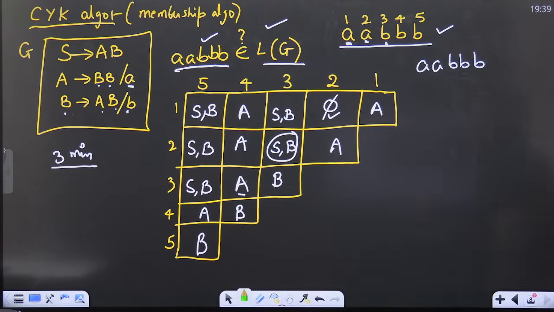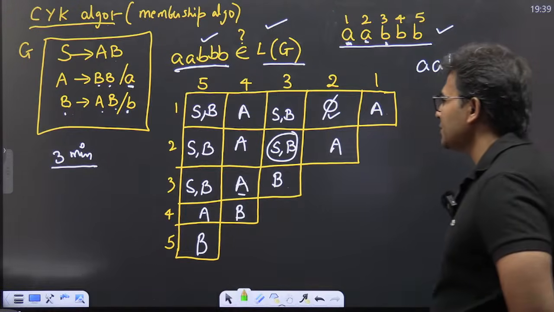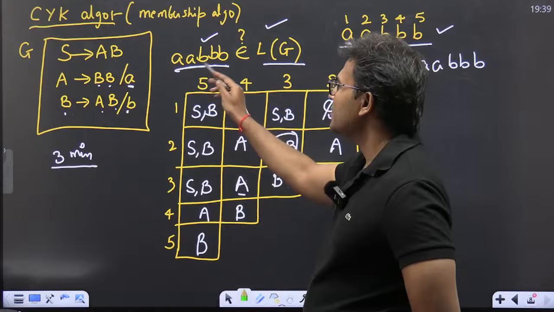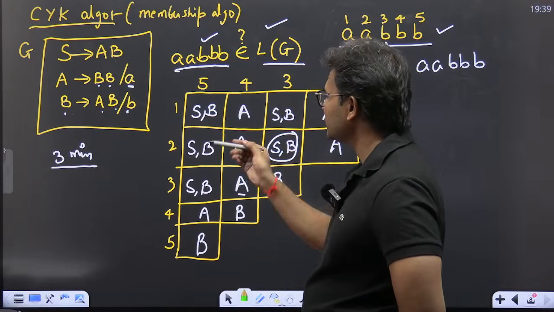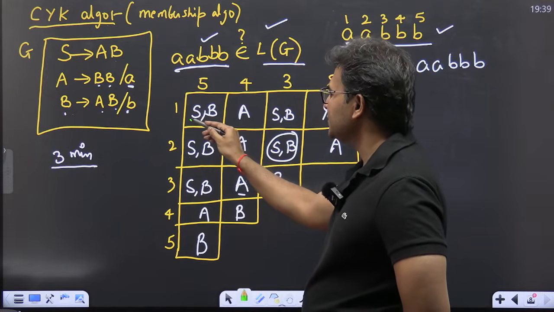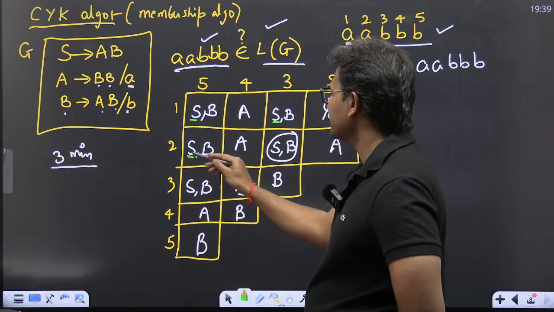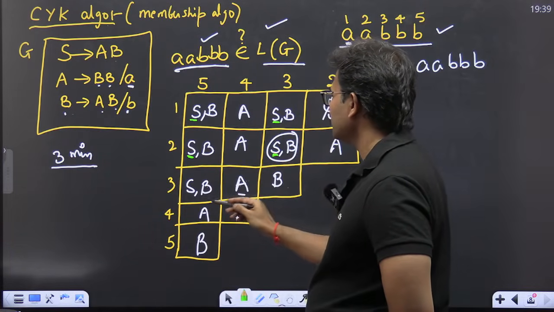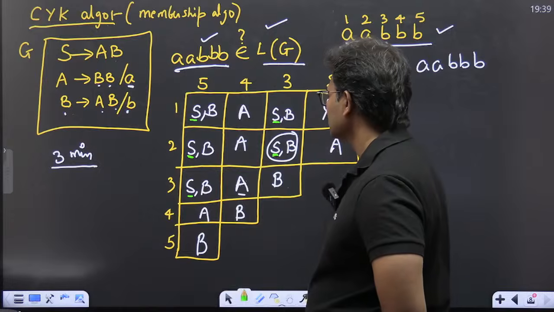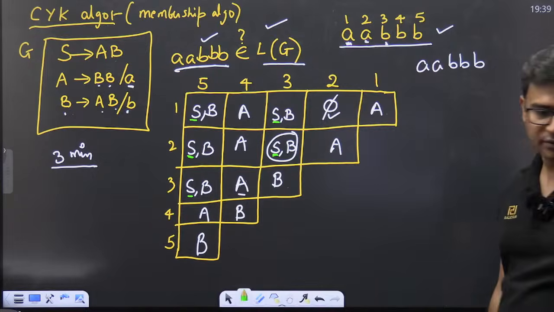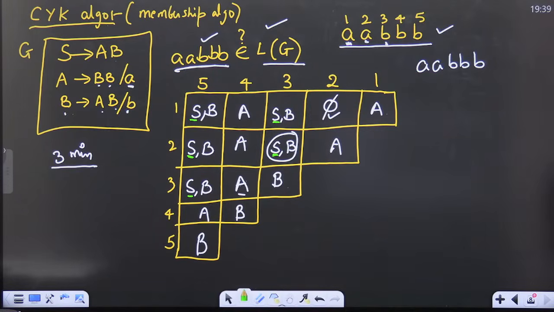So let me see how many substrings of A, B, B, B are in the language. See where all S is. S is here, S is here, S is here, S is here, S is here.